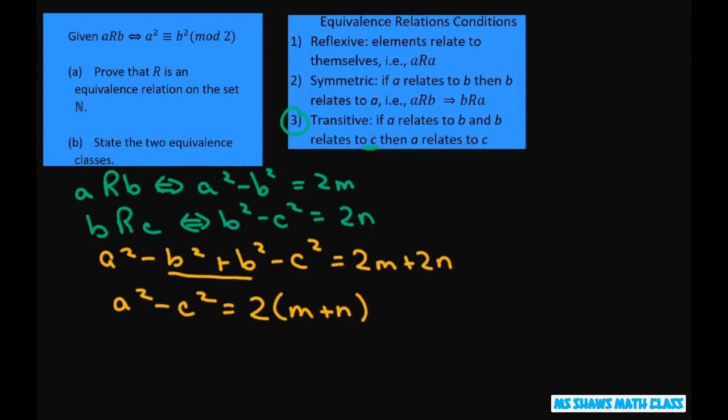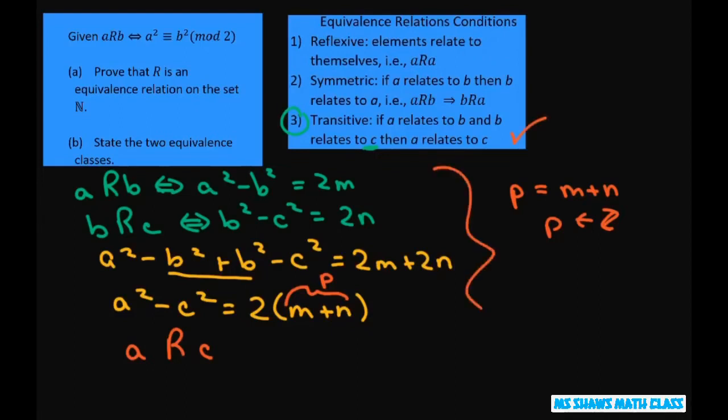Now if you want, call this P. So P equals m plus n, where P is an integer. And therefore we have A is related to C. So we have that it is transitive. So we proved that. And that's how you would prove it. You keep condensing these right here.